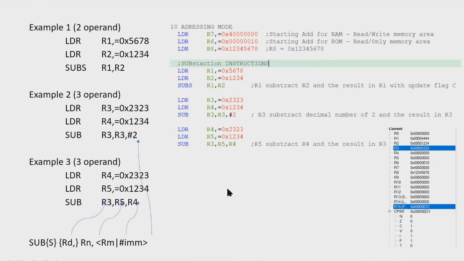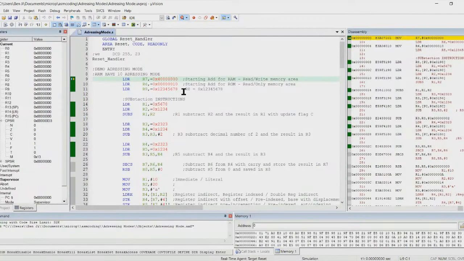So we go to the first example, which is two operand. We load R1 with 5678, then we load R2 with 1234, and we SUB R1 with R2, and the result we get will be stored at R1. So we go to the Keil software.